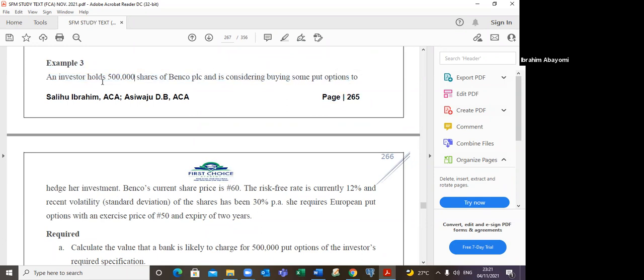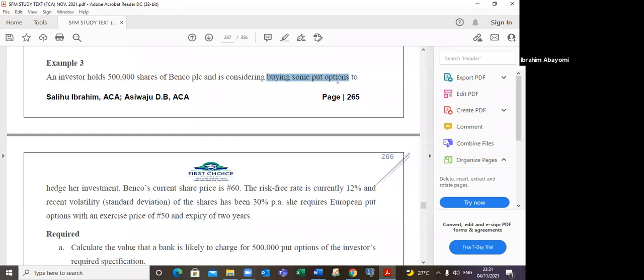You want to sell these shares. This is the underlying asset. That's what you want to sell. You already have these shares. If you are buying a put option, it doesn't mean that you are using call.